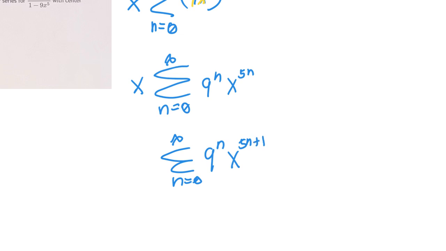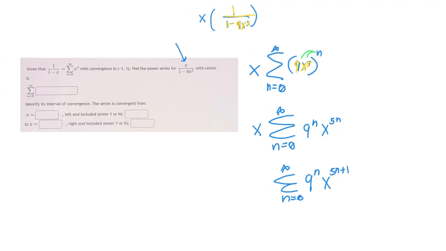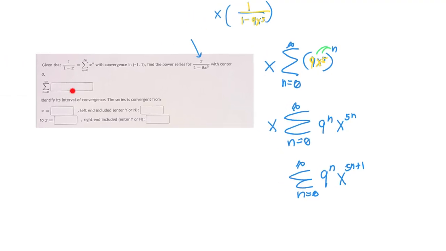Isn't it true that if you multiply this x times that would be x to the 5n times yet another x, and that would indeed become x to the 5n plus 1. So that should be the first entry right here.